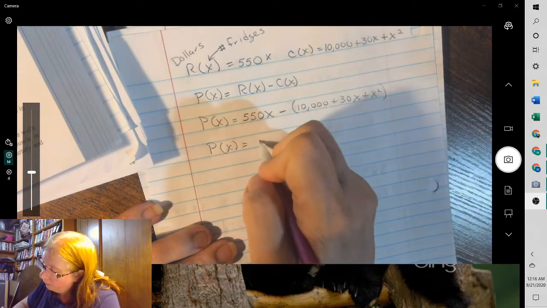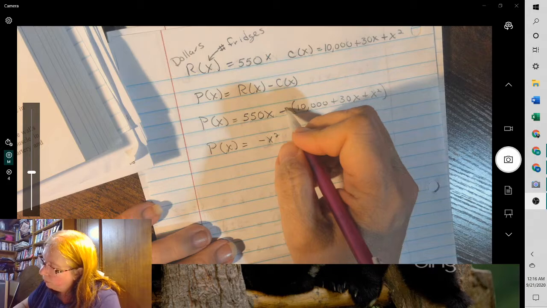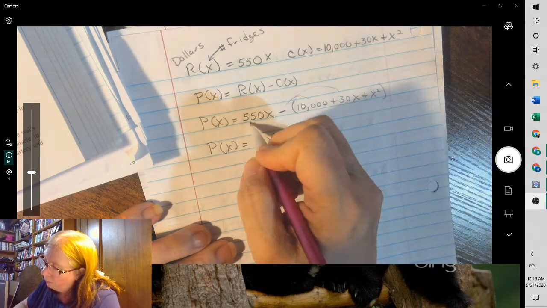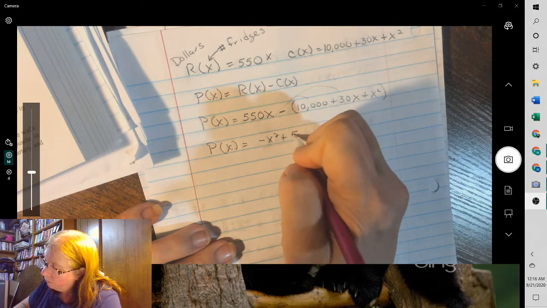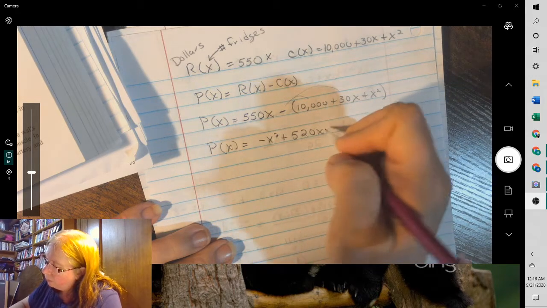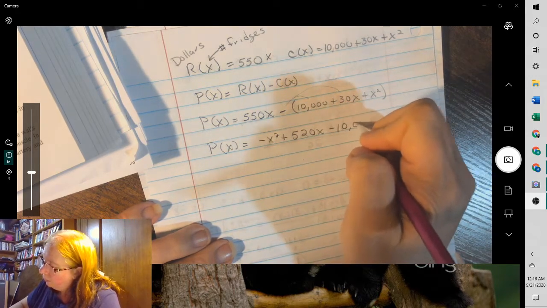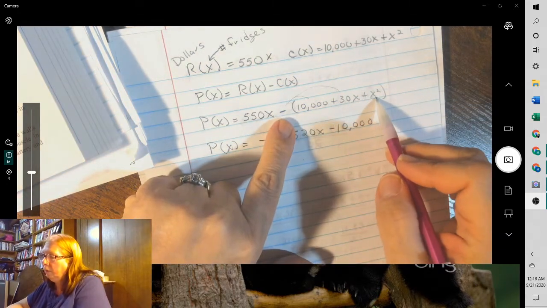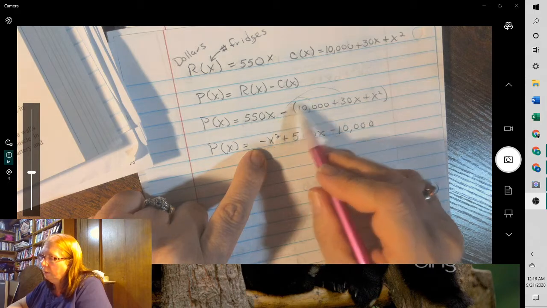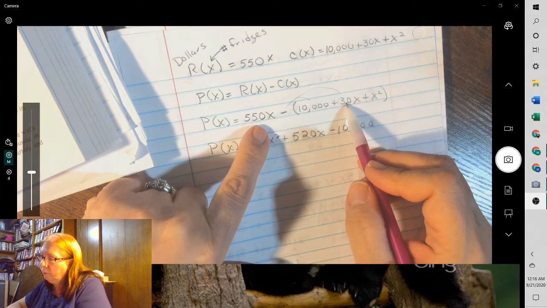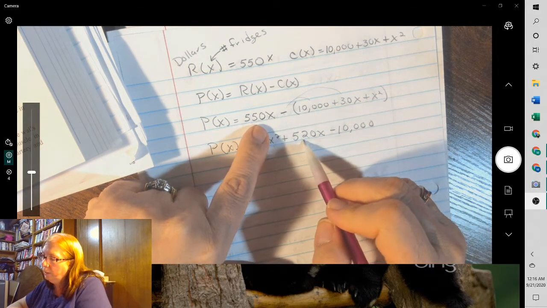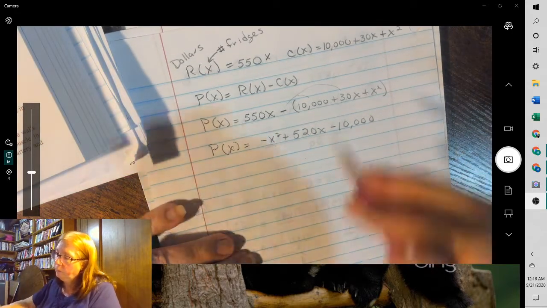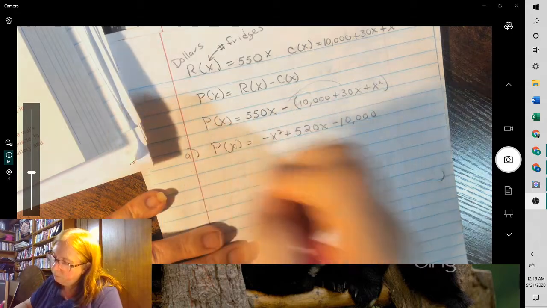So we have a negative x squared distributing this. We have negative 30, and the 550 gives us a positive 520x minus 10,000. So distributing this negative made this one negative. And then this became a negative 30x, with the 550x, that's 520x, and a negative 10,000. So that's our profit function.